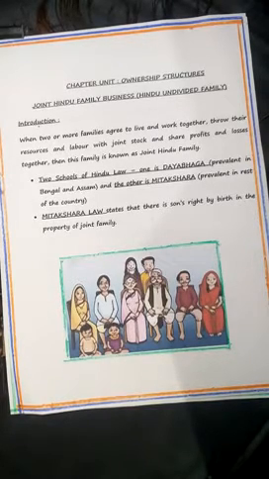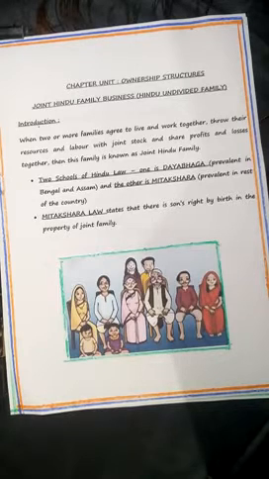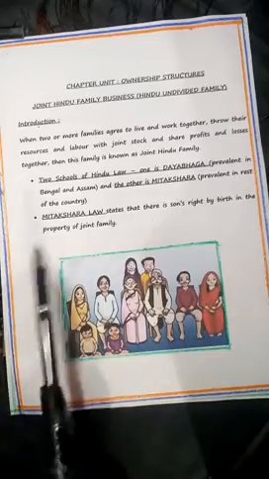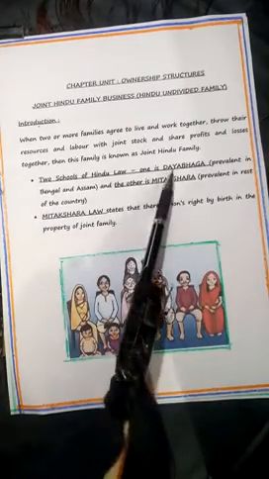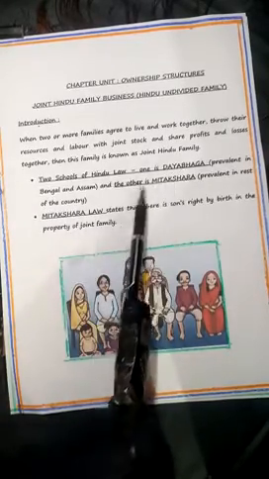Then I gave a brief introduction to the next chapter, the joint Hindu family business, also called the Hindu undivided family business. This particular business is very popular only in our country. There are 2 different schools, children, for you to know: the school of Dayabhaga and the school of Mitakshara.